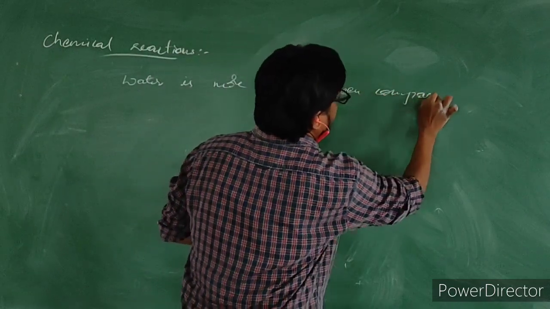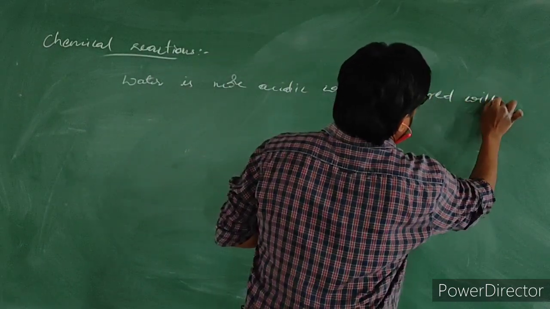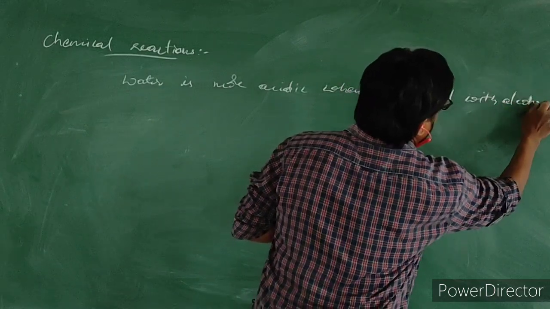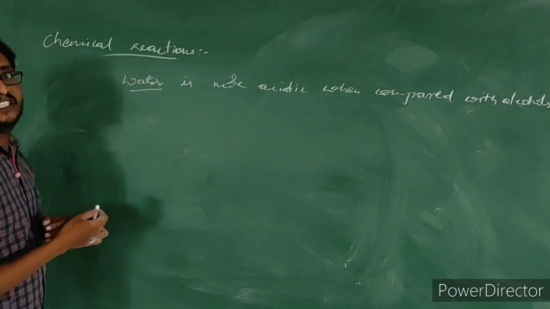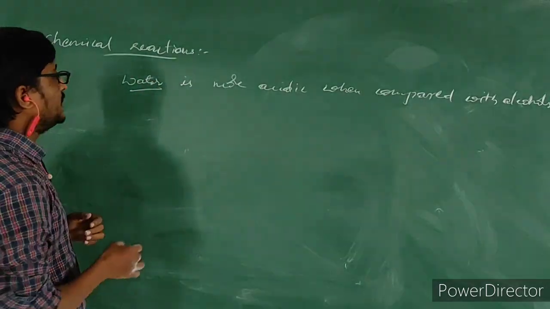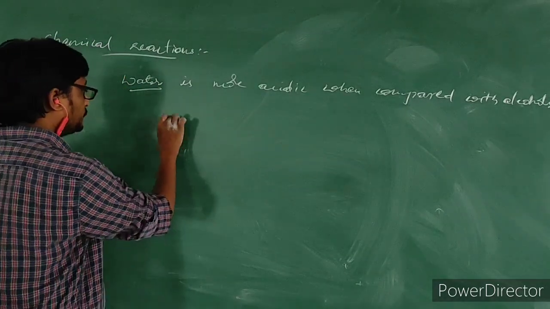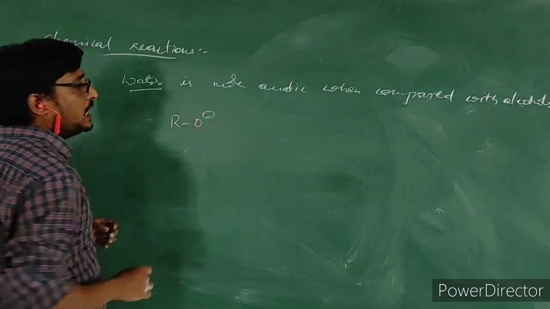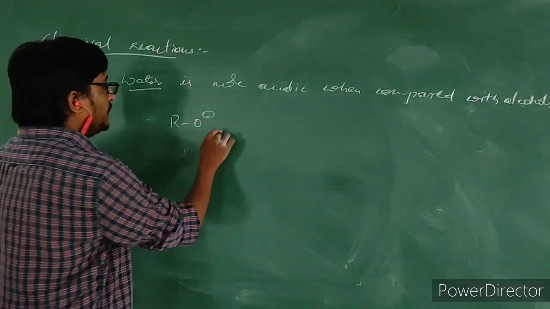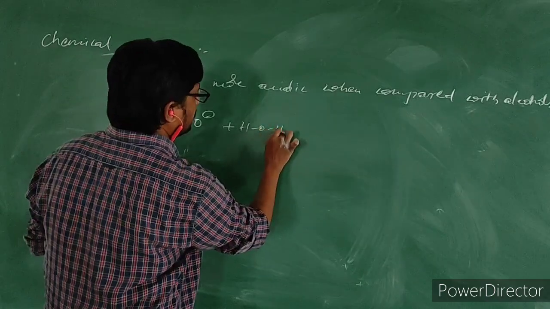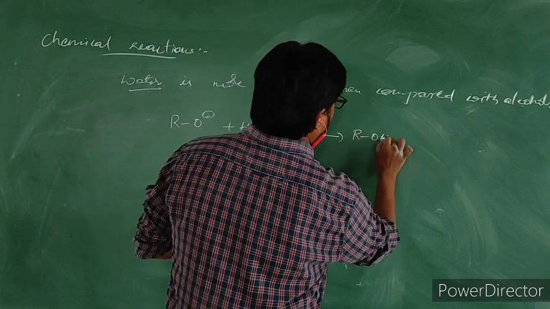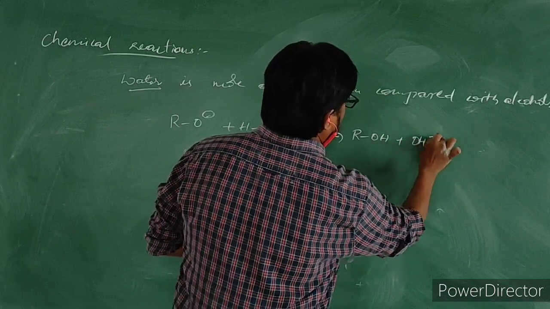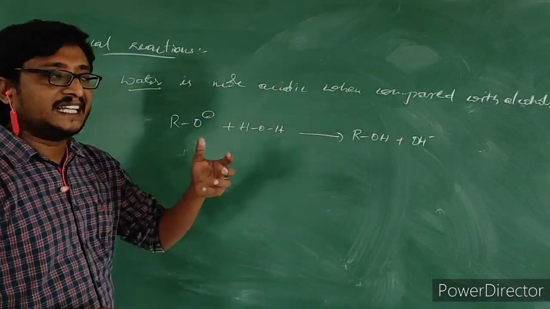Let's see how. Let us consider a reaction. I am considering an alkoxide ion in this way. I am treating this with water. Then it will form alcohol, and hydroxide ion gets produced.